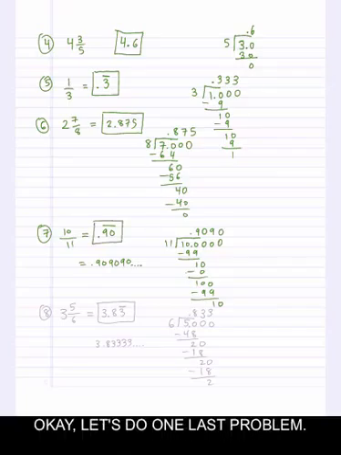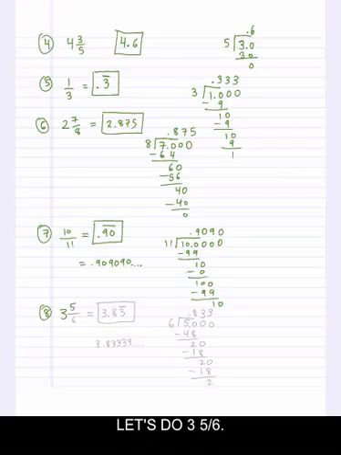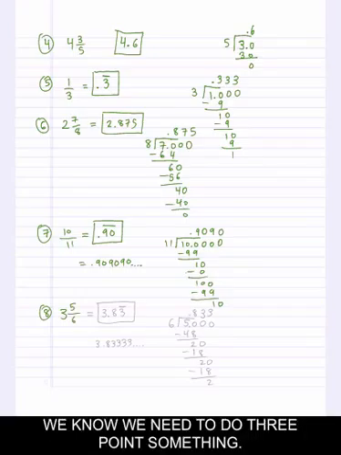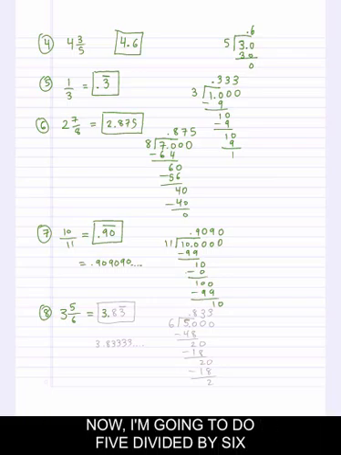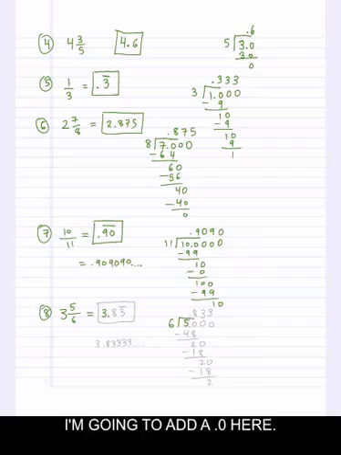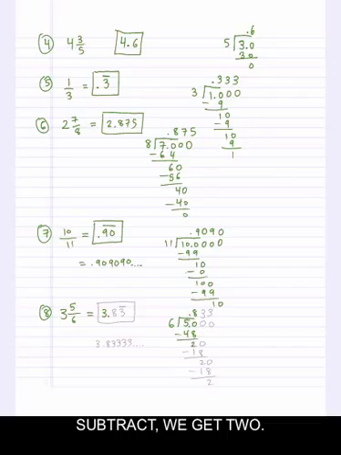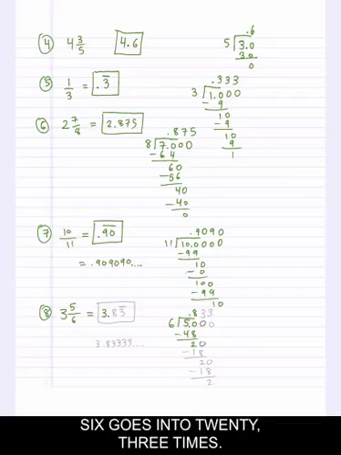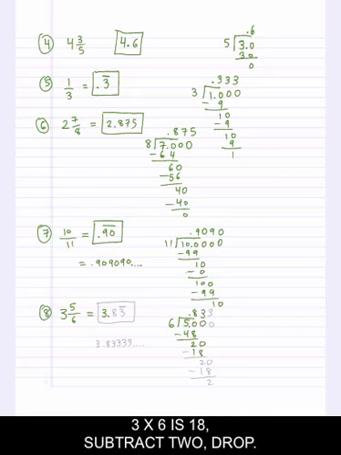Okay. Let's do one last problem. Let's do 3 5/6. Start from the very beginning. We know we need to do 3 point something. Now I'm going to do 5 divided by 6 and see what I get. I'm going to add a 0.0 here. It goes in 8 times. Subtract, we get 2. Add a 0, drop it. 6 goes into 20 3 times. 3 times 6 is 18.